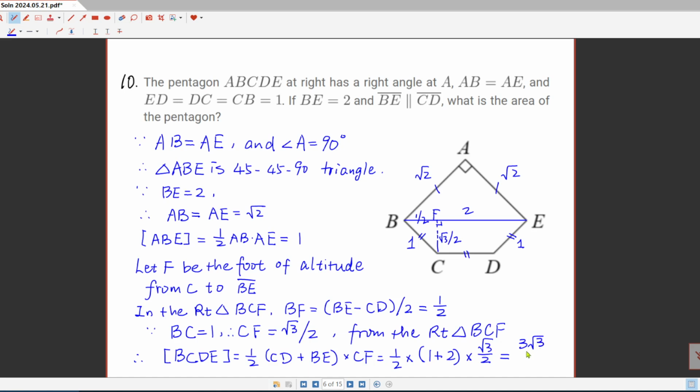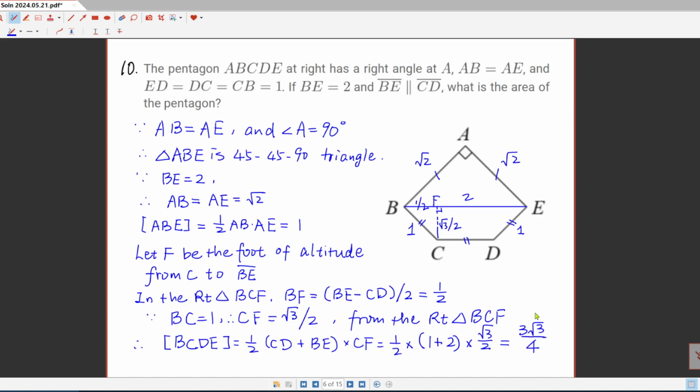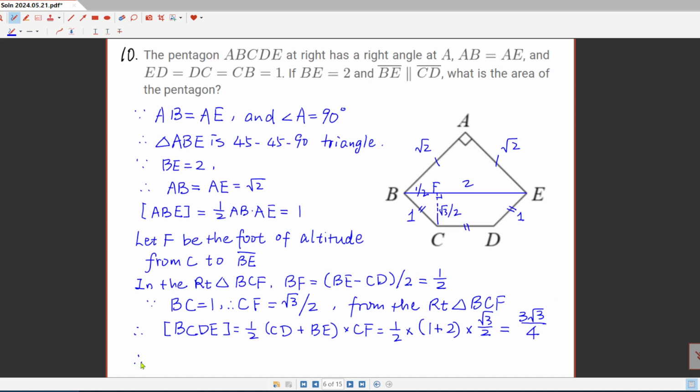That's 3 square root 3 over 4. And therefore we know the area of the pentagon ABCDE equals the area of triangle ABE plus the area of the trapezoid BCDE. And that gives us 1 plus 3 square root 3 over 4.